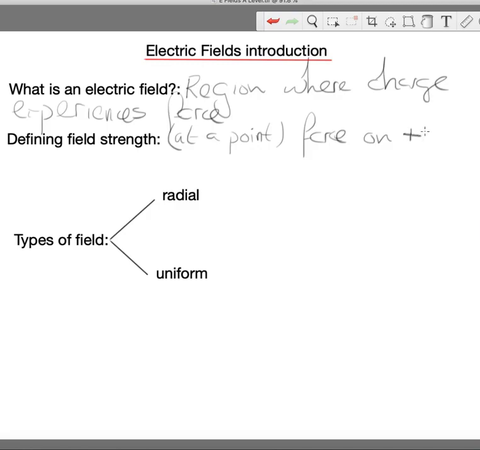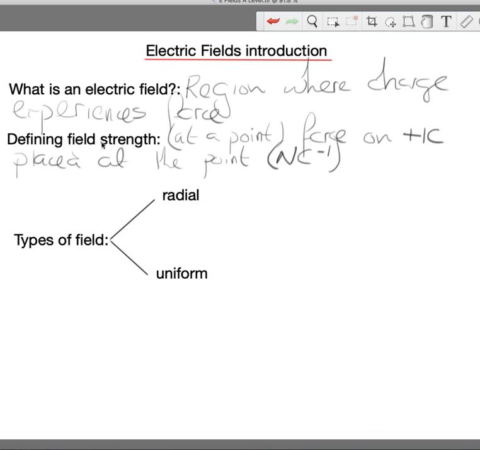So we're going to take positive charge, plus 1 coulomb, placed at the point. So field strength is the force per unit charge, newtons per coulomb. So that's what a field is generally, and what an electric field is specifically, that's what we mean by field strength.